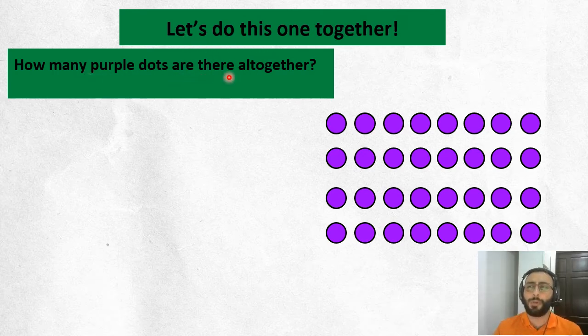How many purple dots are there all together? You see, you can count, but I don't want to do that. So, there are no groups, but we can make our own groups. Let's say this is one group.